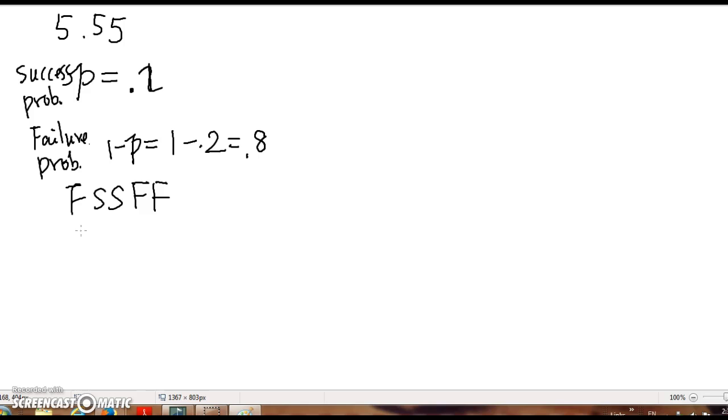Similarly, the second person's answer is not going to affect the others. Because the 5 answers are independent of each other, when we try to find the probability, we can use one of the formulas we learned before. The probability is going to be the product of the probabilities of all these.